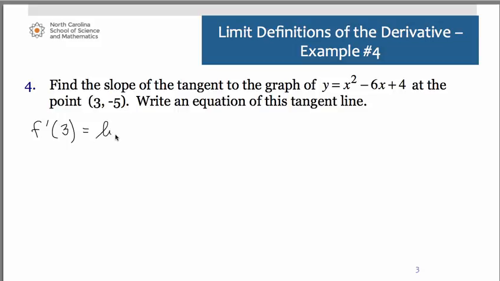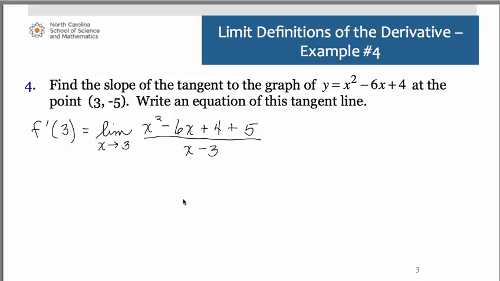It's the limit as x approaches c, so in this case it's x approaches 3, of f of x, so that's the original expression, minus f of 3, f of c, so that's going to be minus a negative 5, so of course that becomes plus 5, over x minus 3.